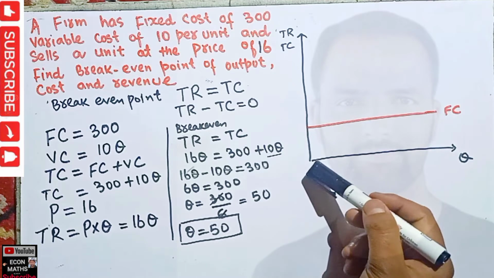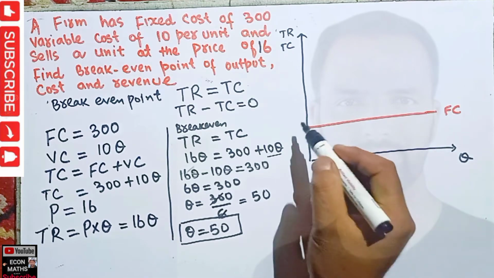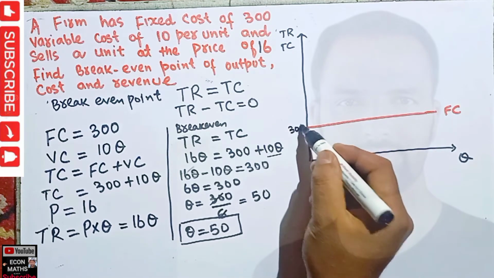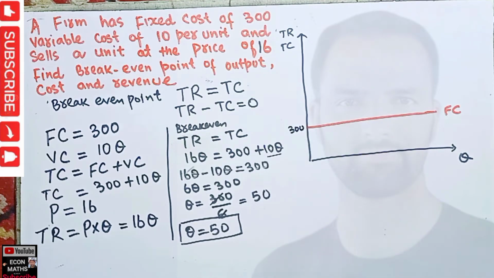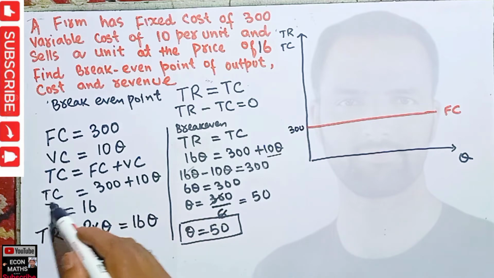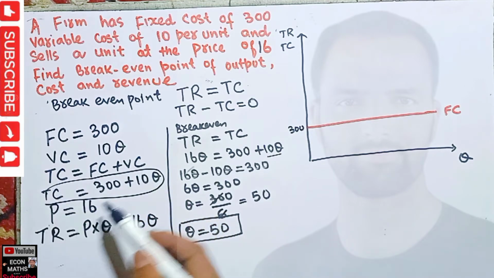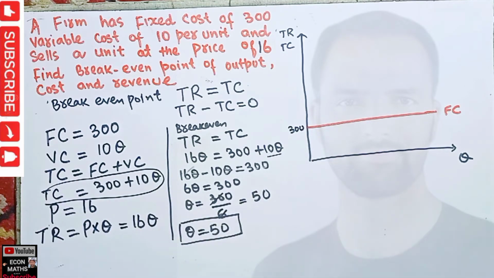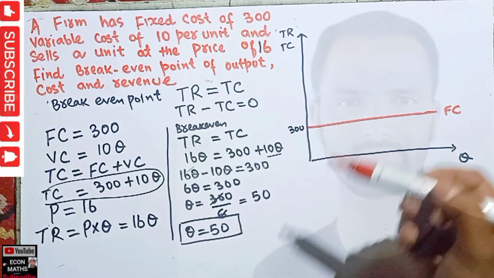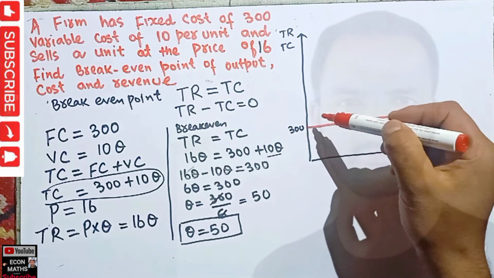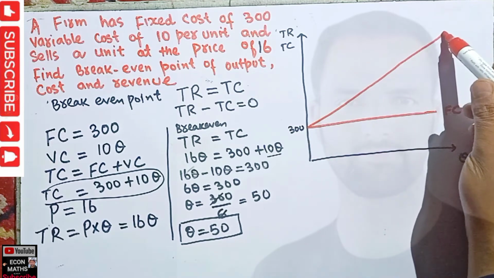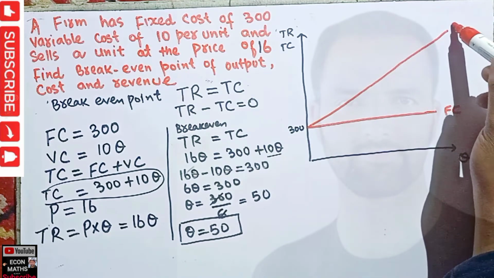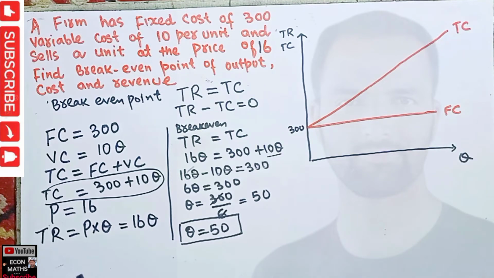Whether we produce 0 units or 50 units, fixed cost will remain the same. So the total cost function has the intercept as 300, and then we have 10Q. This is our total cost function.